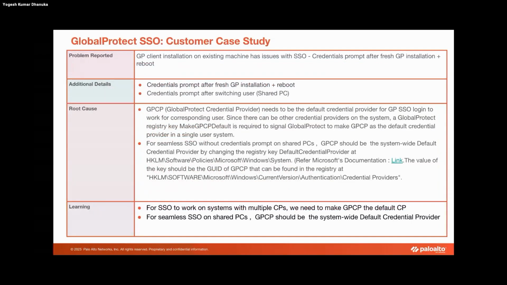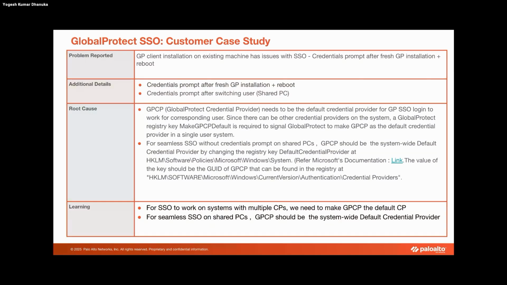Another example of SSO with the GP agent is where users are getting prompted for username and password after a fresh installation, but the requirement of the user was that they should not be prompted because they're using SSO. By default it will work, because the GlobalProtect credential provider, GPCP, is on the system and it can retrieve the username and password.